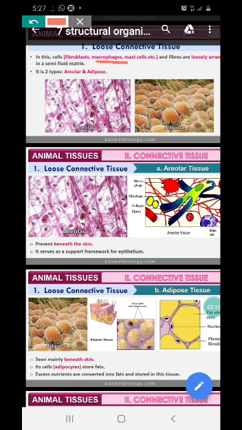It helps in packaging in between two types of tissues under the skin. Okay, in all these areas the areolar tissue is present, which is called the packing tissue. Okay, right. So this areolar tissue is found beneath the skin. It serves as a support framework for the epithelium.